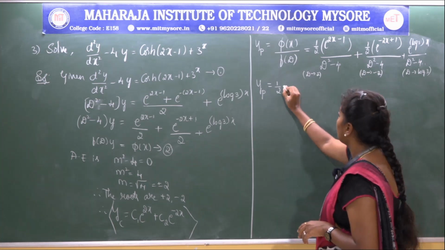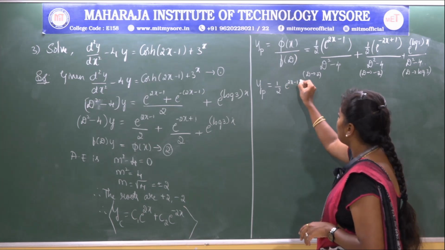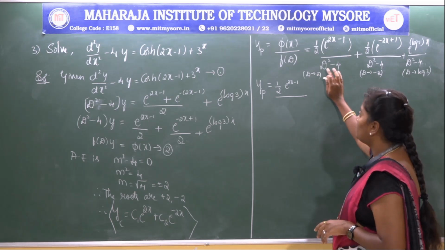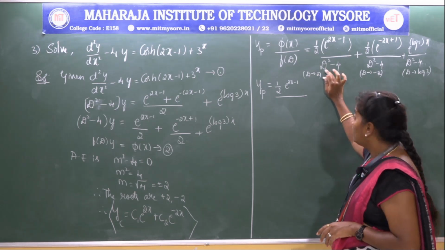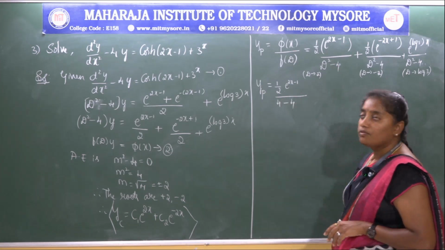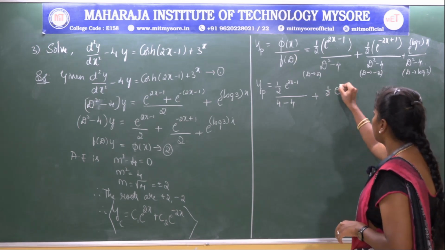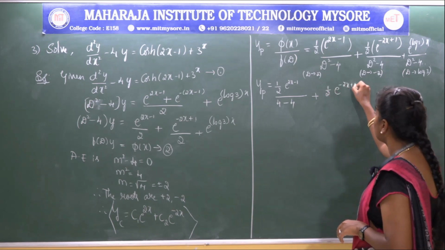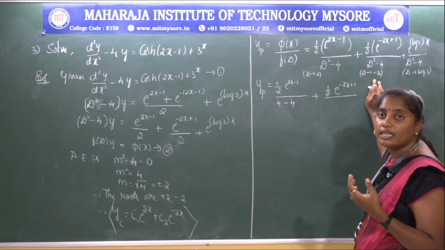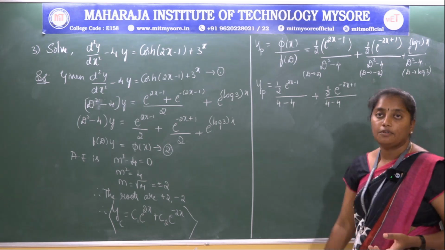So first element is 1 by 2 e to the power of 2x minus 1 divided by, replacing d by 2. So d is equal to 2. 2 square value is 4 minus 4. Second term 1 by 2 e power of minus 2x plus 1 divided by, here we have minus 2 whole square is plus 4. Again we have plus 4 minus 4.